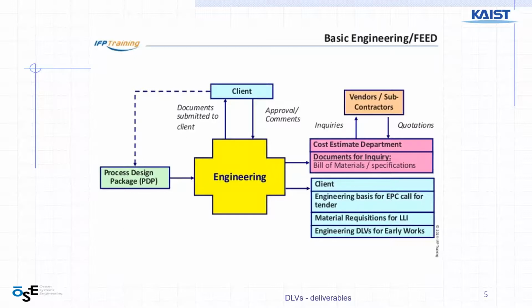Again, this drawing is same, but the right-hand side is more elaborated, including cost estimation department and inquiry in pink color. So vendor is upward now here, and vendor and also subcontractors. So they inquire and quotation. It goes many times, iteration, and there is a negotiation between purchase department and also vendors.